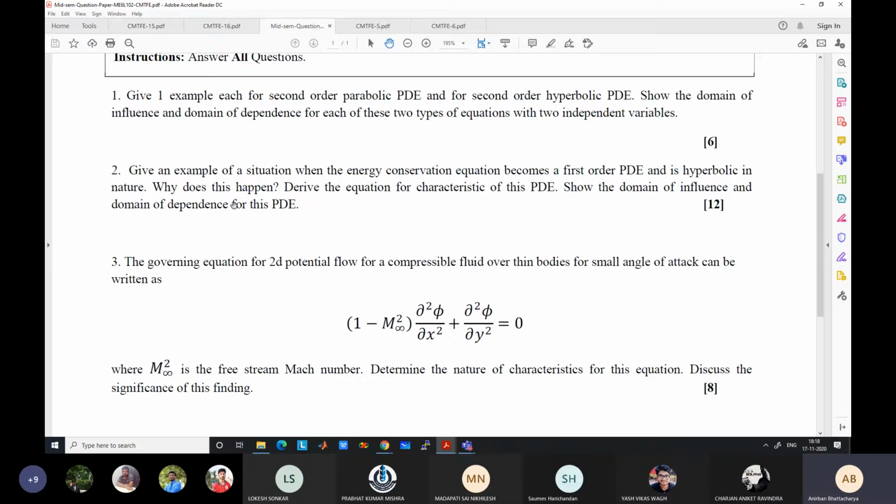So if any change occurs in the space coordinate at any point, it will influence any other location in the space coordinate. Say I change the temperature at some point, it should influence all the other points in the domain, at the same time or at any future time.